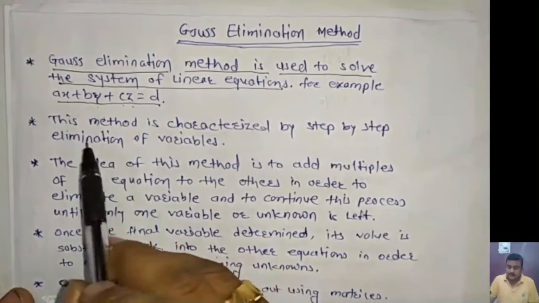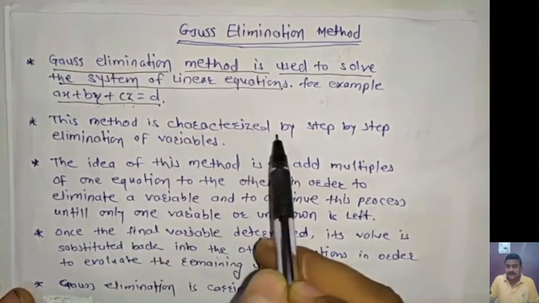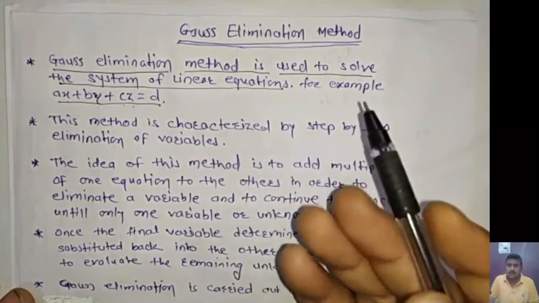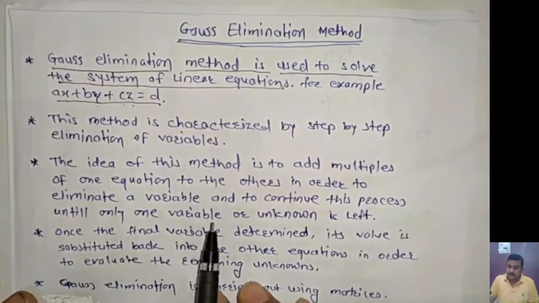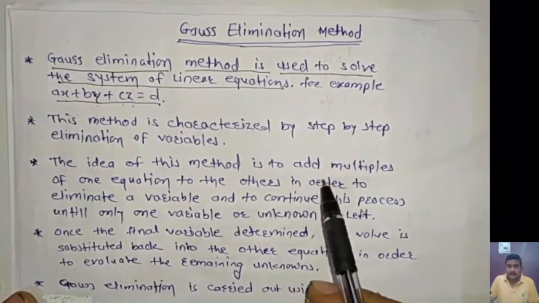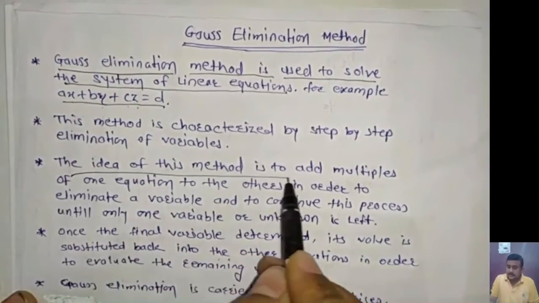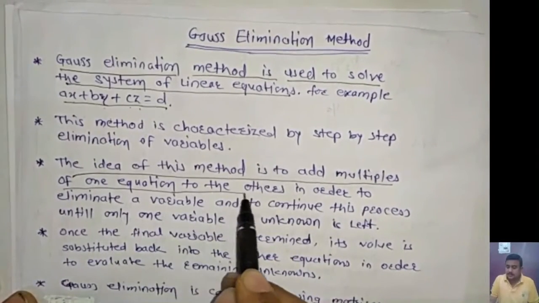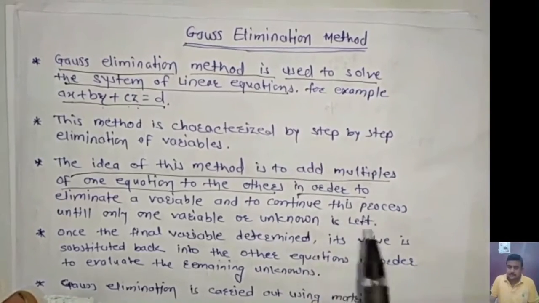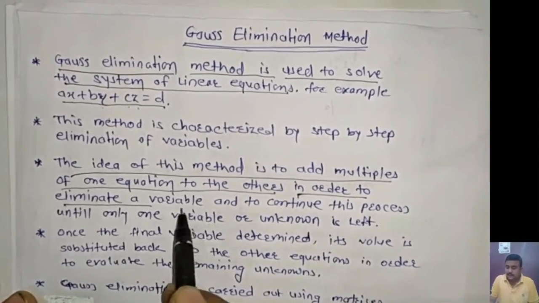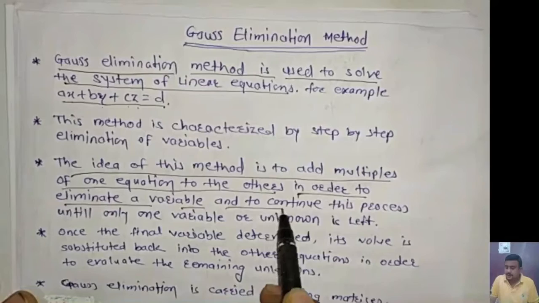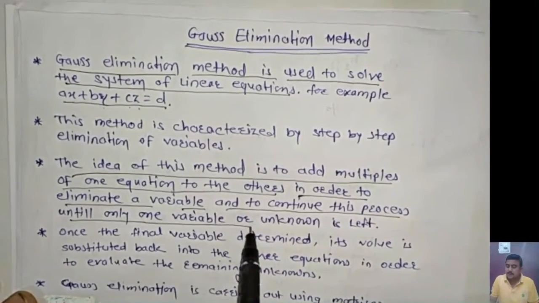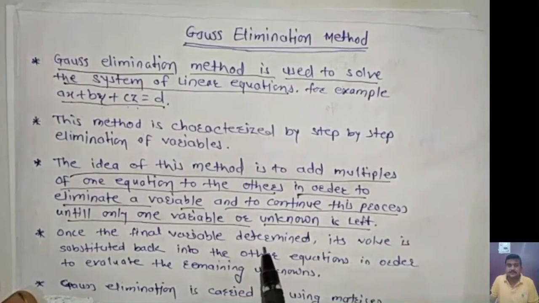Now, the second point is that this method is characterized by step-by-step elimination of variables or unknowns. The idea of this method is to add multiples of one equation to the others in order to eliminate a variable or unknown, and to continue this process until only one variable or unknown is left.